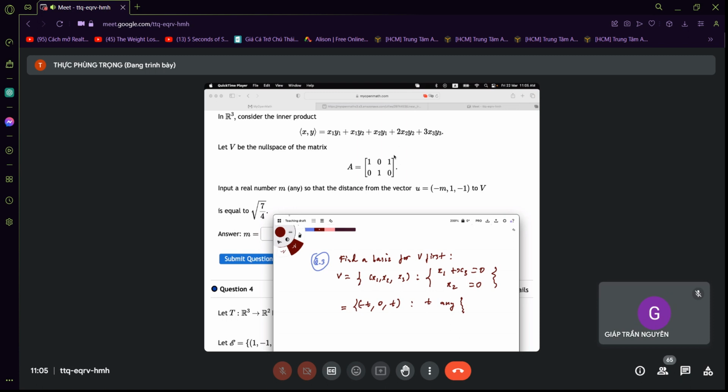So the system has infinitely many solutions depending on one free variable, because you have 3 minus 2 equals 1, right? And you set t for s3, so you get this one. And now from here, if you want, you can write it like this and get a basis, right?